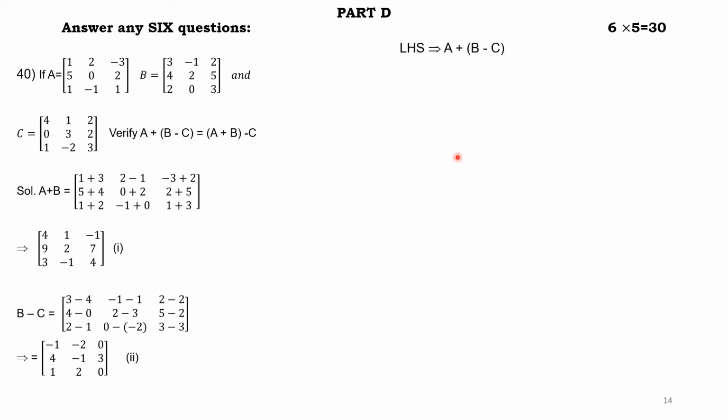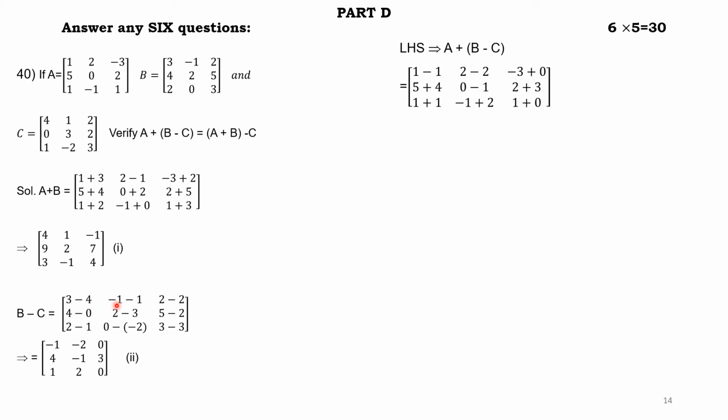Therefore left hand side, now we will add A to matrix subtraction of B minus C. That is, we will add A to equation 2. Therefore, if we add it here, A is 1, 1 minus 1, 2 minus 2, minus 3 minus 0 plus 0, and 5 minus 5 plus 4, 0 plus minus 1, and 2 minus 3, 2 plus 3.